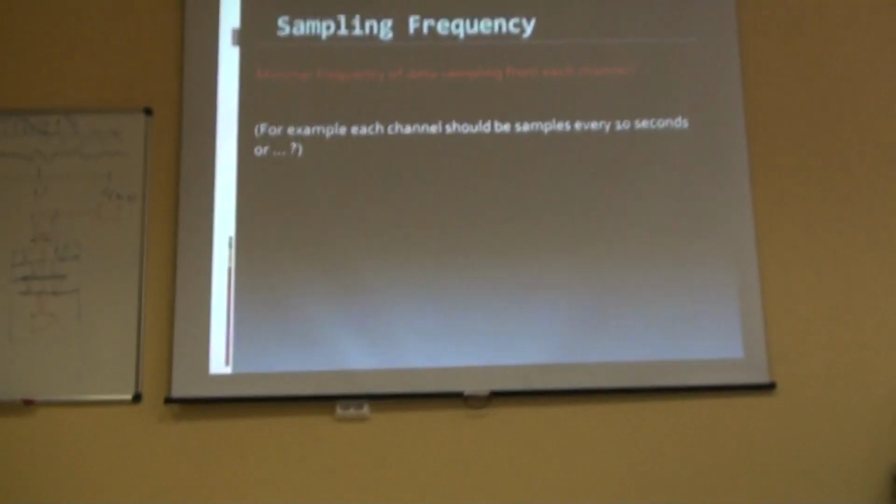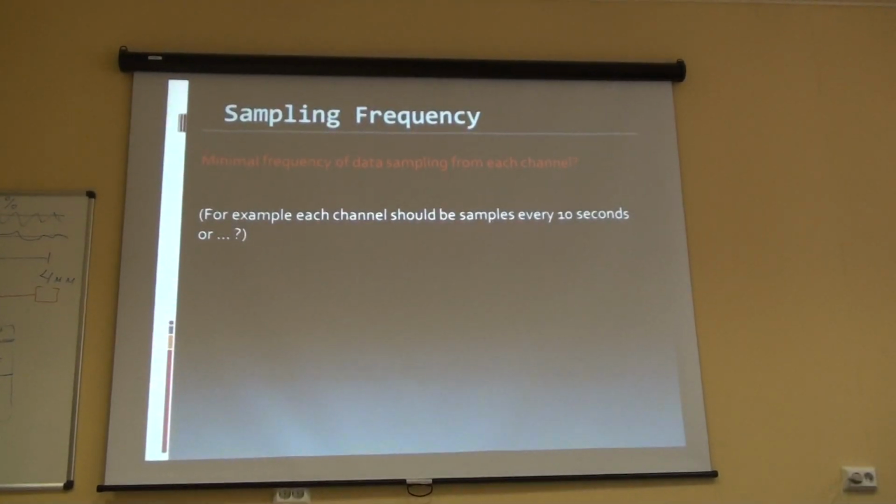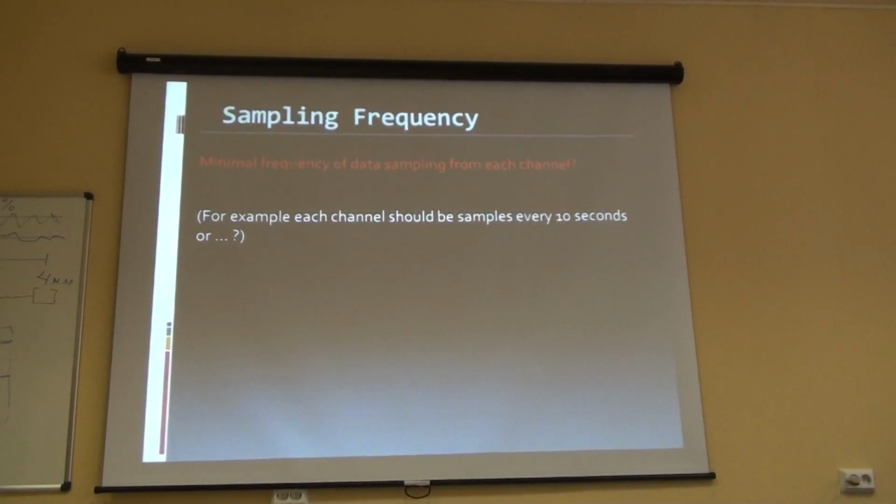So the other question is some initial estimate of the frequency of sampling at the end of the electronics: how often it should give data from the electronics.